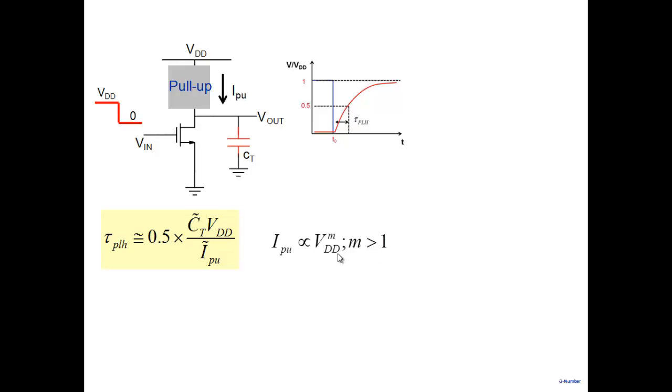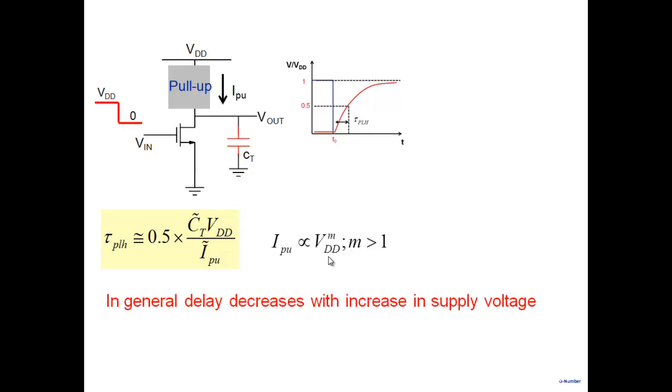So what is the consequence of this? Note that if this is VDD, the capacitance on average does depend on VDD, but to first order, let's ignore that. So IPU goes as VDD to the power M. In general, M may be equal to or greater than 1. Normally, M will be greater than 1, as we said, except for this resistor case. So if M is greater than 1, what you find is, in general, delay will decrease with increase in supply voltage in this inverter.